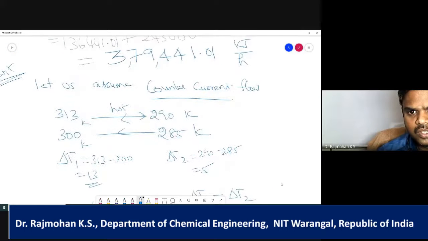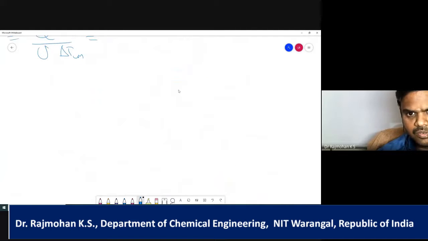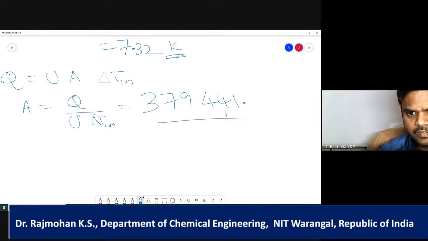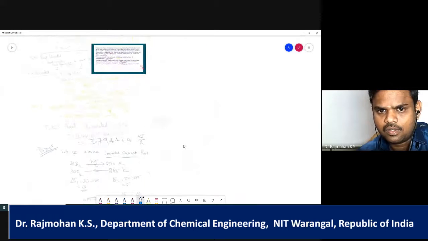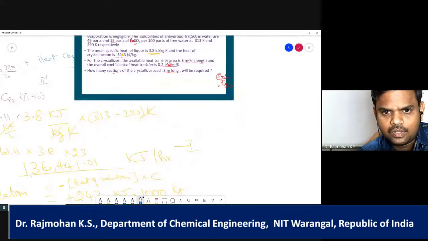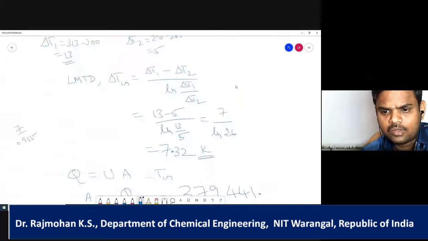So what is our Q value? 379,441 divided by the U value, which is given. What is the U value given? Refer to the question. The overall heat transfer coefficient is 0.2 kilowatts per meter square Kelvin.